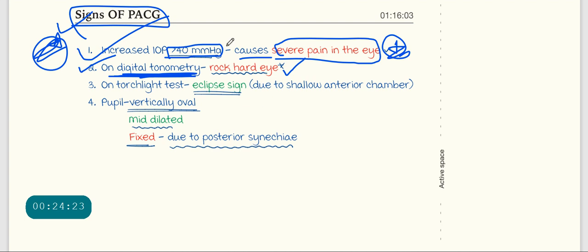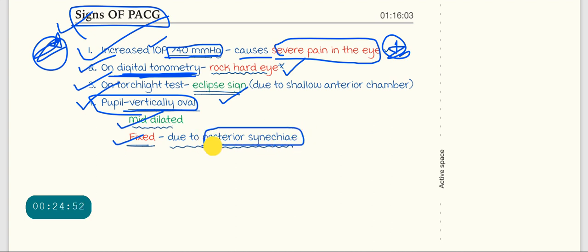On the torchlight test, there would be an elliptical sign, which we have also studied. The pupil is vertically oval, mid dilated and fixed, due to posterior synechiae formation.